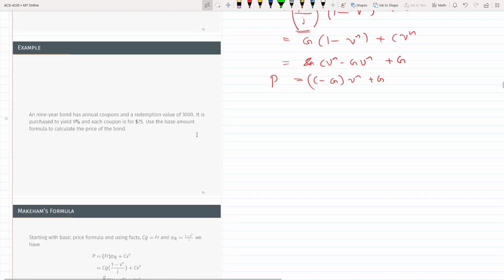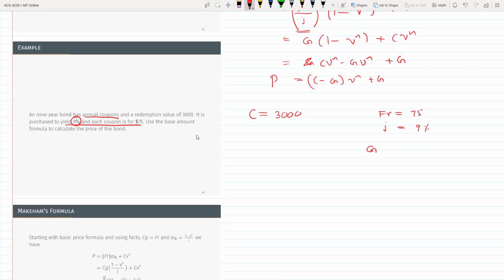Okay, so here's an example. Let's try to do this. A 9-year bond has annual coupon and redemption value of 3,000. So basically, C is 3,000. Annual coupons. It is purchased to yield 9% and each coupon is for 75. So basically FR is 75, yield 9%, so J is 9%.